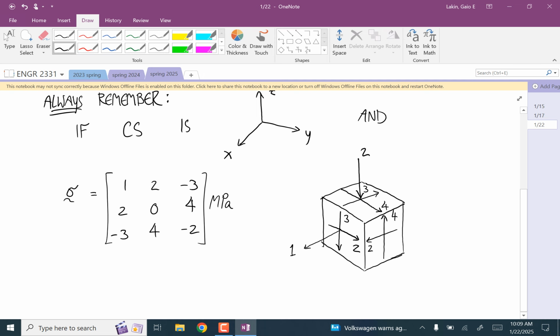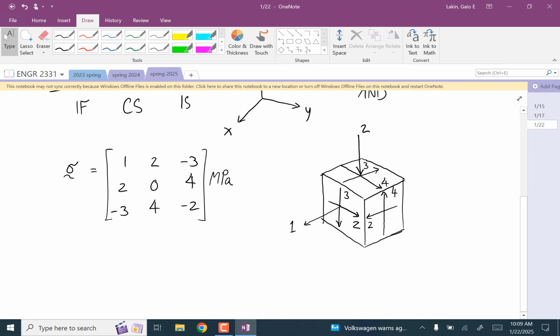So what I'm saying is every stress cube we're going to draw in this class is always oriented the same way on our picture: X always points to the right, Y always points up, Z always points out, just because it's so much easier to draw.